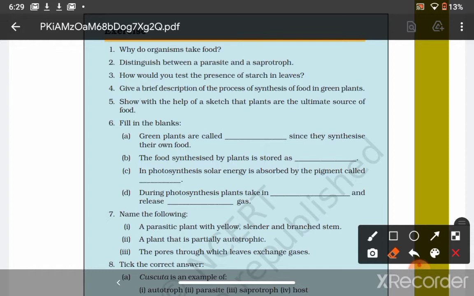In the second plant there will be nothing, and the iodine test would fail, and there would be no change in the color of the iodine solution. So it shows that the plant which was in the dark did not do photosynthesis.